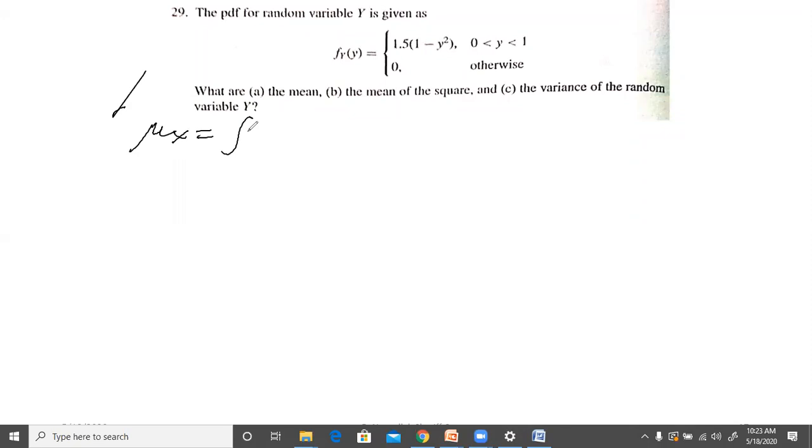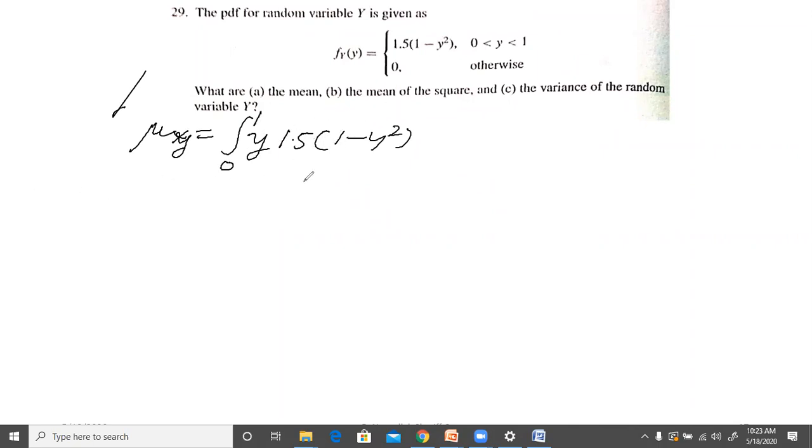So here it is y, so this will become y times 1.5 times (1 minus y square). Limits are 0 to 1, right? Now we need to solve this.